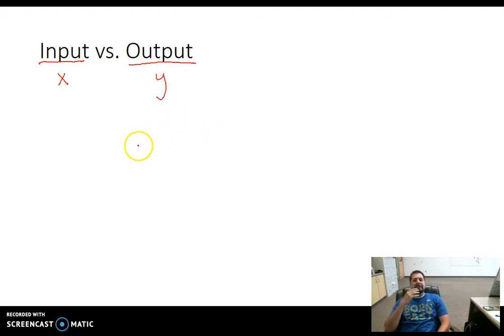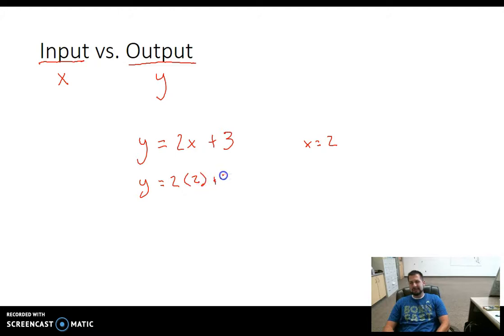And so you've seen it written like this, like you might have seen an equation written y equals 2x plus 3 or something like that. If I wanted to just input a number for x, like x equals 2, I would get y is equal to 2 times 2 plus 2.